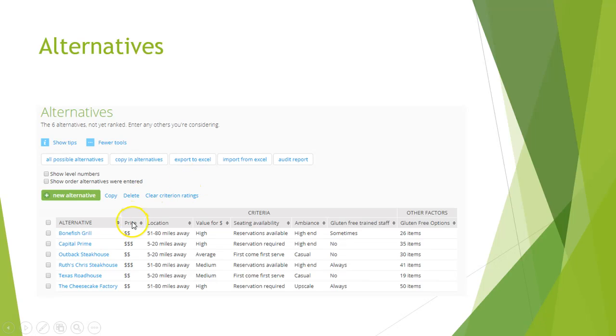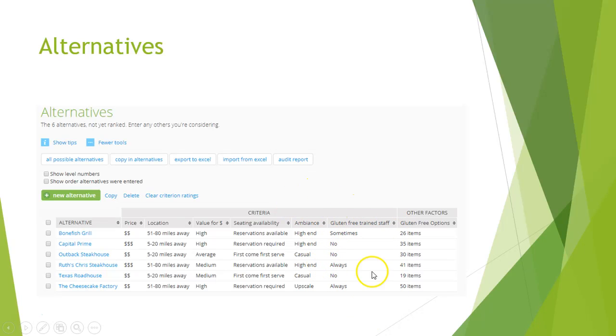I went on their websites and I made sure on the pricing options, on the location in comparison to where I live. I ranked the value for money personally because I've eaten at all of these restaurants and I used a personal opinion for that. Seating availability, I used their websites as well to determine this. The ambiance, again, personal opinion here.